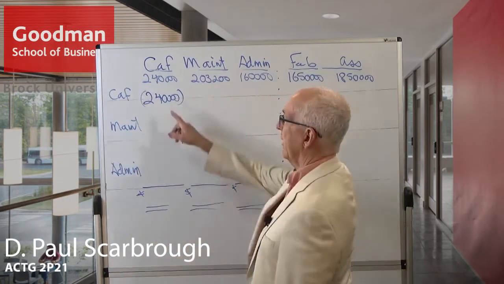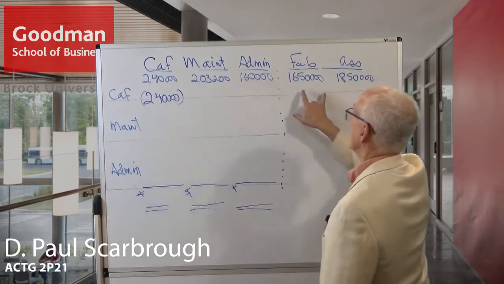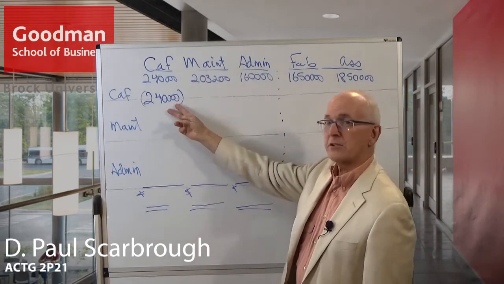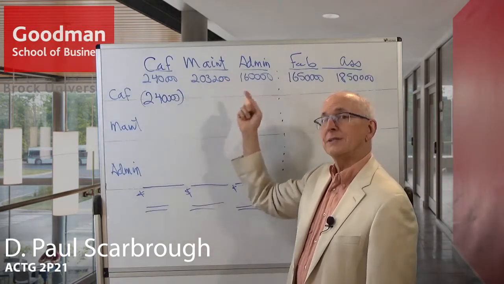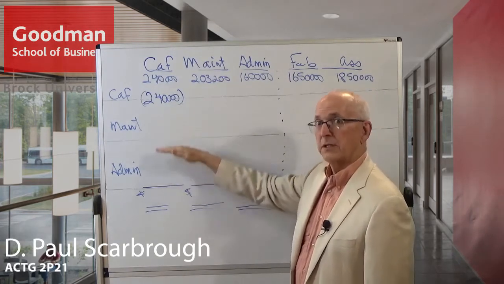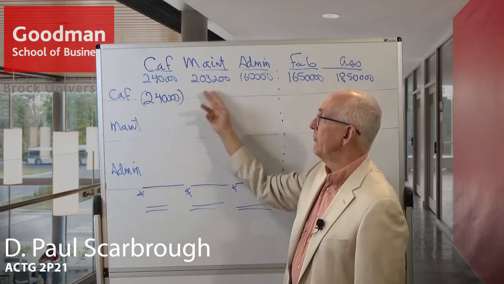We're going to transfer cafeteria costs, but we're not going to transfer them just into our production departments. We are going to transfer the cafeteria costs to every department that uses cafeteria service on this line. Notice the other lines are a little different. But on this line, the first one, you do a full transfer.